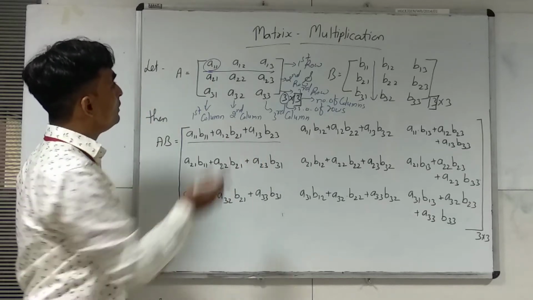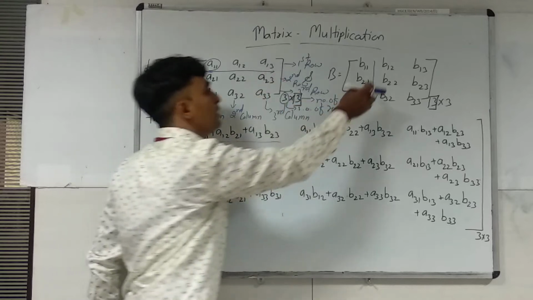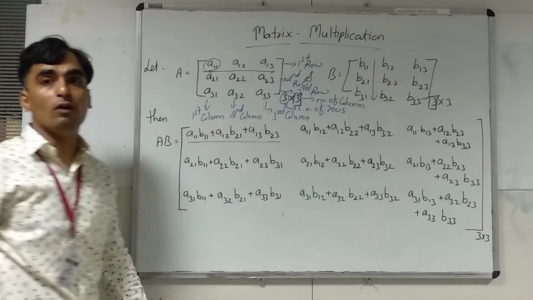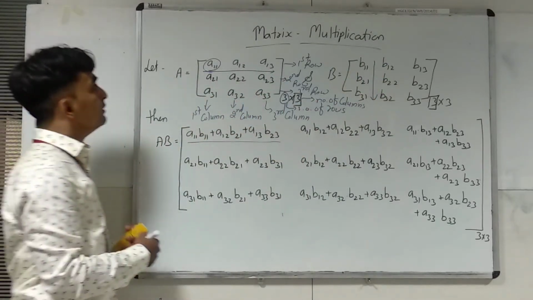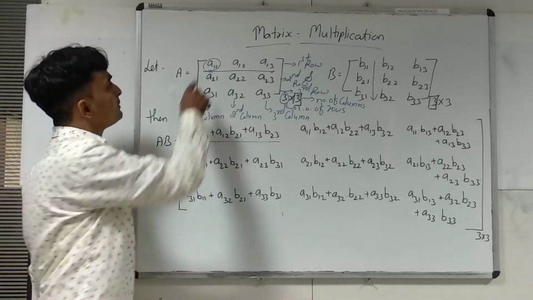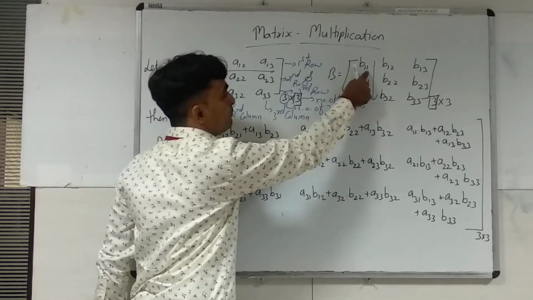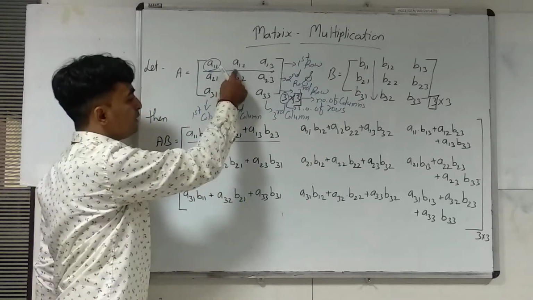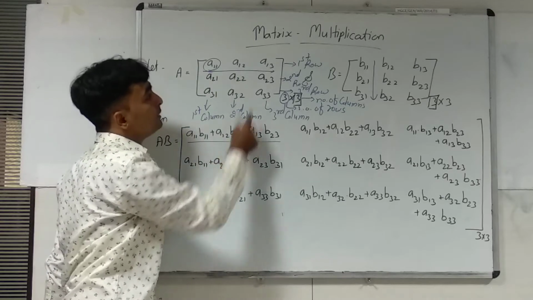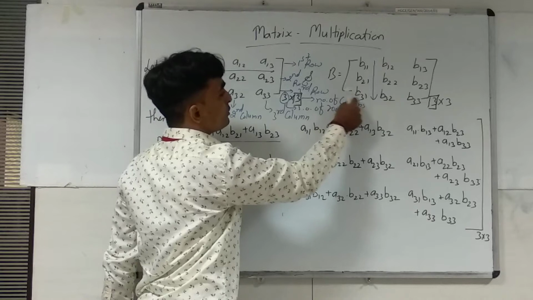So what we have done: first we multiply all the elements of the first row with all the elements of the first column of matrix B, element wise. What is the meaning of element wise? The first entry of the first row, A11, is multiplied by B11, A12 is multiplied by B21, plus A13 multiplied by B31.